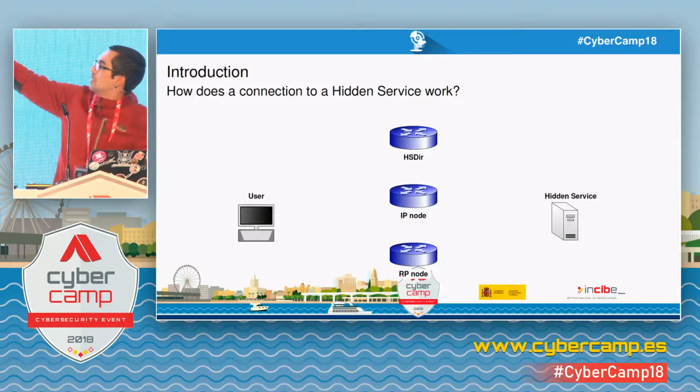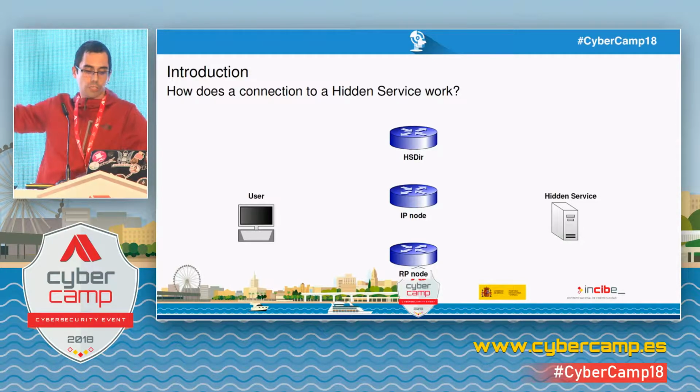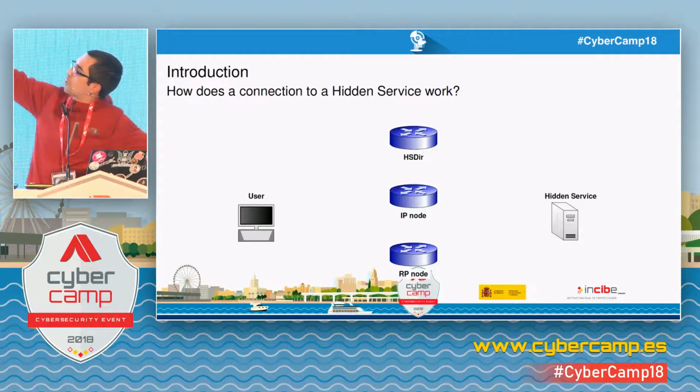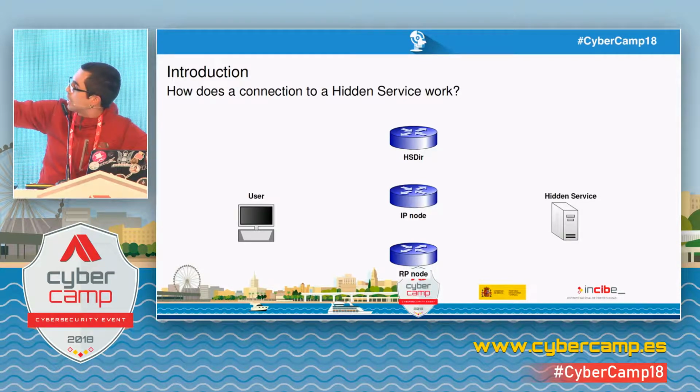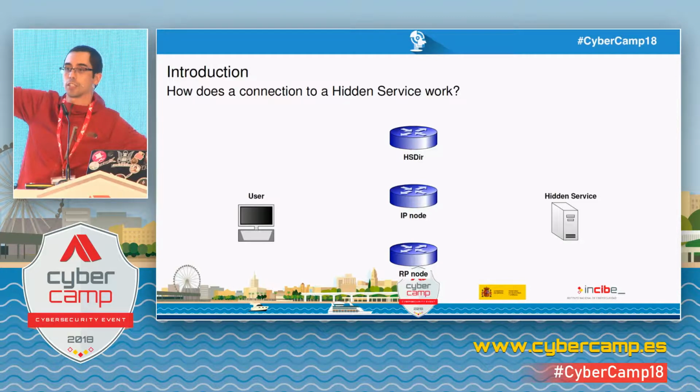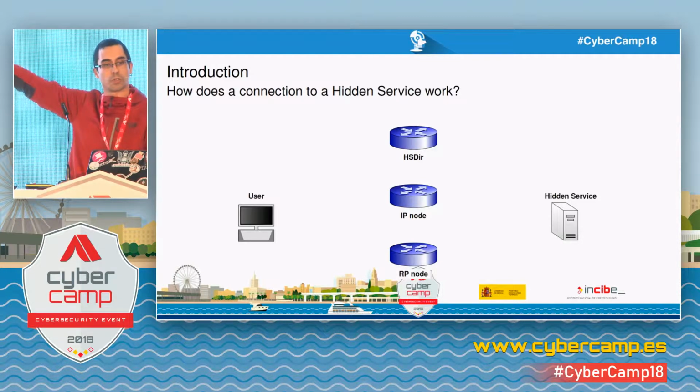And in between we have a number of routers. Each of these routers represents a node in the Tor network, and they all play a different role. The first one is, for hidden services, a directory. The second one is an IP node, and the last one is the RP node for rendezvous.